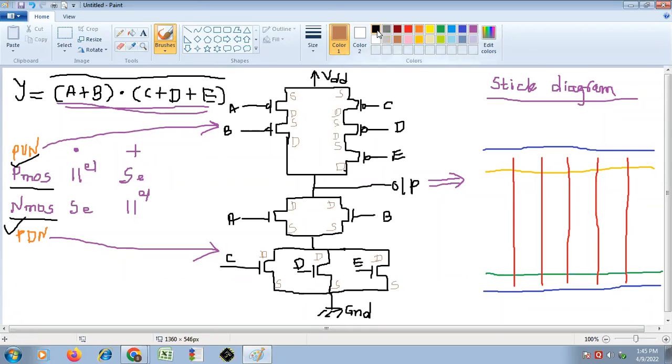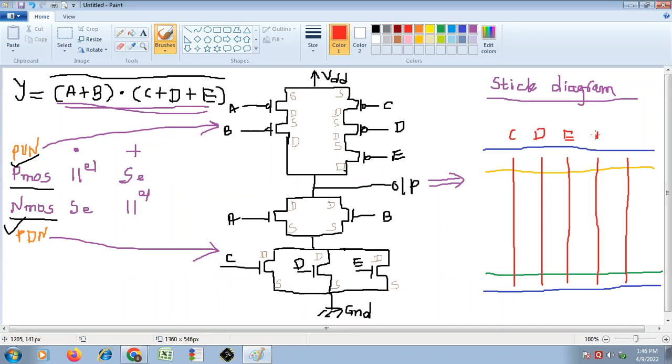Now we have to start with the connections. Okay. But to have simplicity and to get the proper stick diagram, instead of taking A, B, C, D, E sequentially, I will take this one as C, this one as D, this one as E. See, you can change the sequence, no problem.